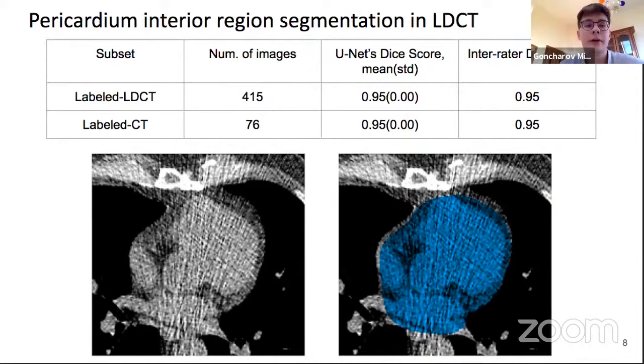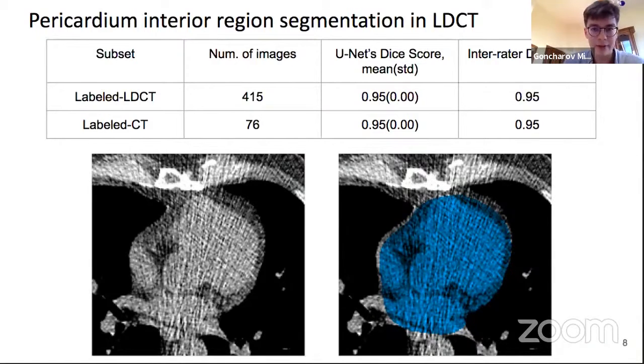And here we report the DICE scores separately for low-dose CT images and full-dose CT images. And as you see, surprisingly, the quality of pericardium interior region segmentation in low-dose CT images is comparably similar to the quality in full-dose CT images, and moreover, it's comparable to inter-rater consistency.